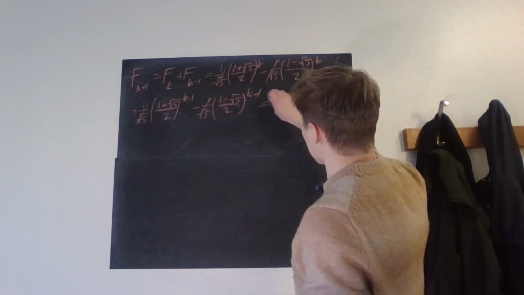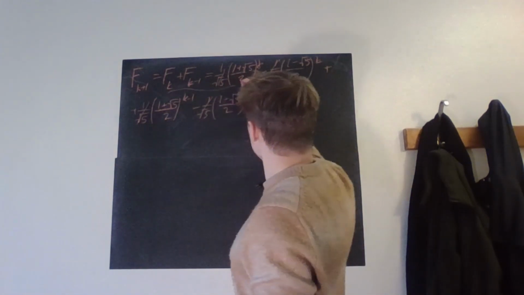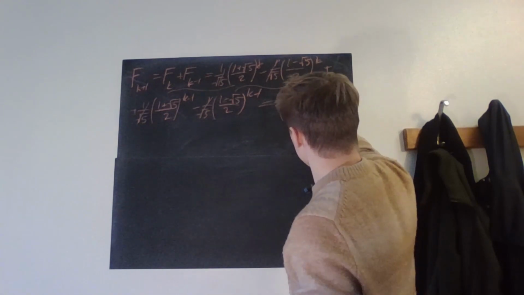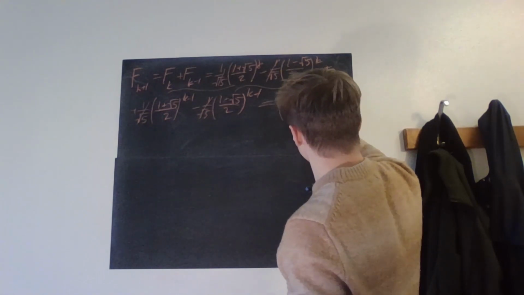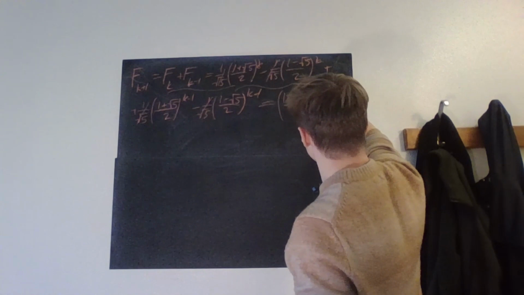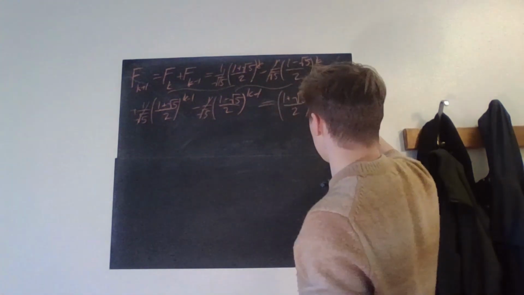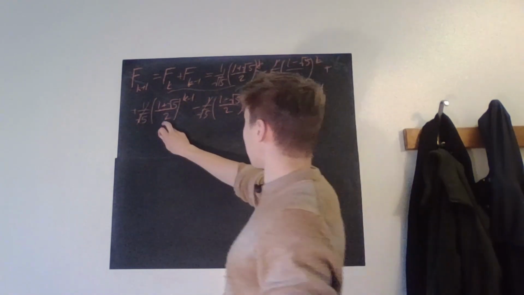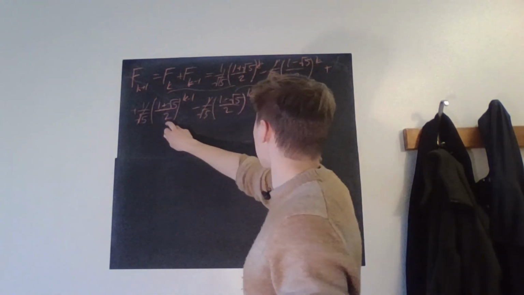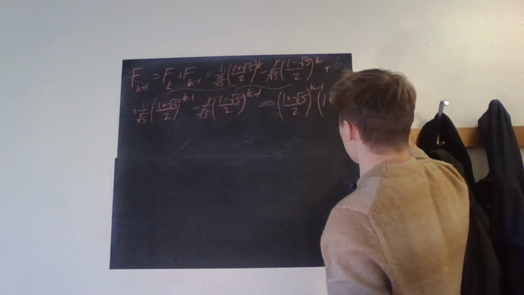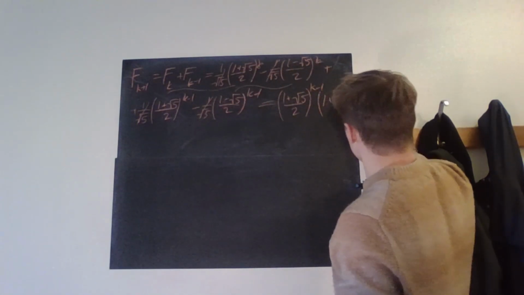So now, okay, what do we have here? These two are the same, and these two are the same, so we can do some factorization. So we can have (1 plus square root of 5 over 2) to the power of k minus 1 times, okay, so there we just add 1, and there we add the inside, so just plus the golden ratio, 1 plus square root of 5 over 2.